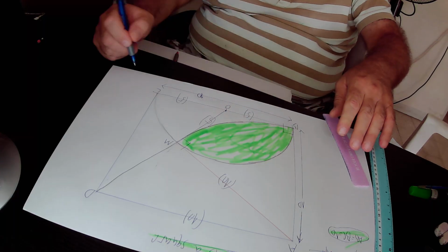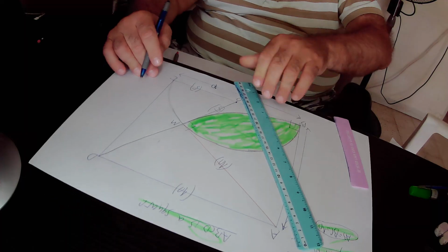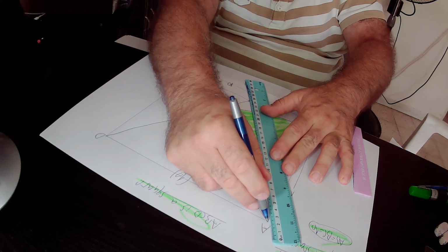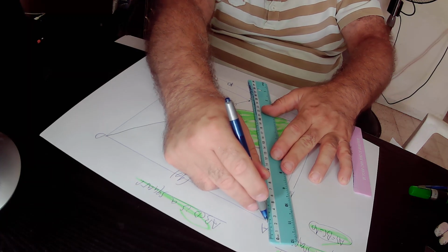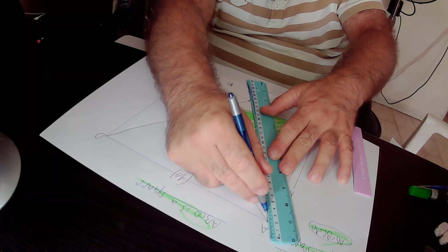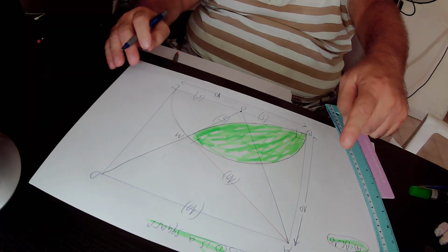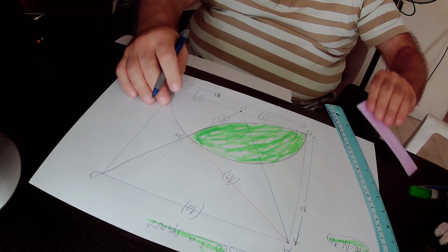In the next step, we will join points A and O together by a straight line. By joining points A and O, we can determine two right angles.